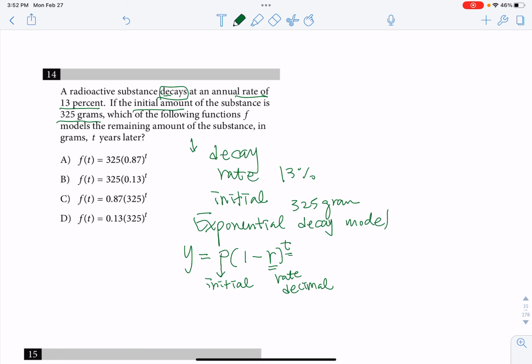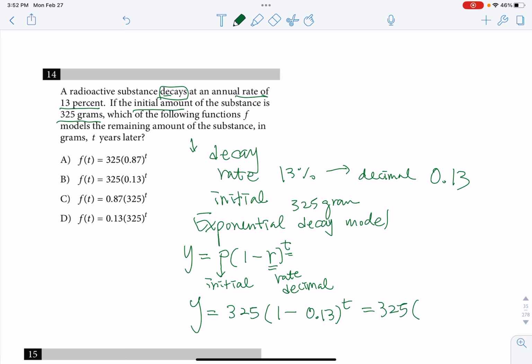So from the given, if I rewrite y equal to initial amount 325 times 1 minus 13%, which as a decimal you can express as 0.13, then 325 times 1 minus 0.13, which is 0.87, to the T power. So it will be A.